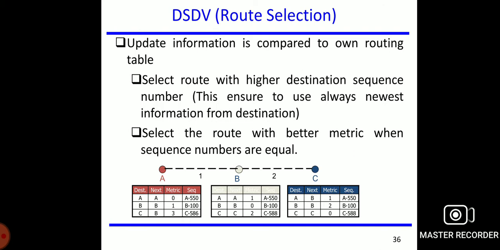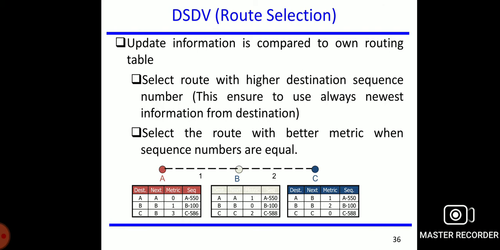The destination is A, the next hop is A, and the metric is 0. What about the sequence number? This is a node of the routing table driven method, and also B and C, and we can find the destinations through continuous processing. So from A to C, the source is a terminal and C is the destination terminal.